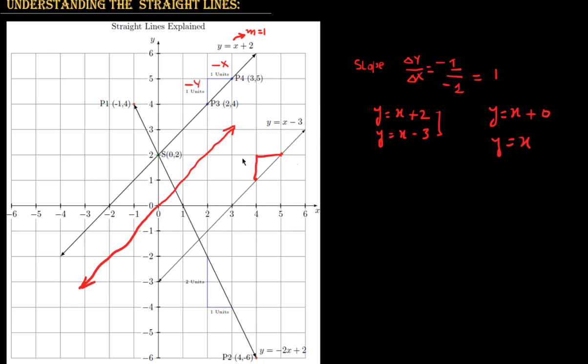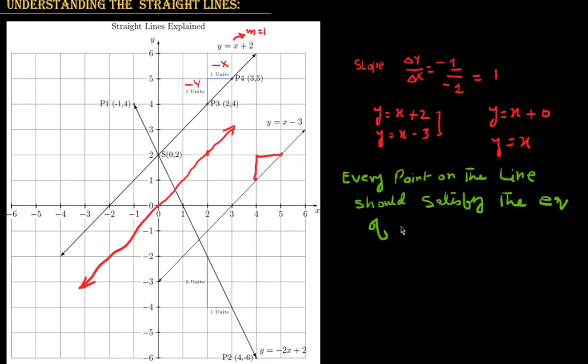Now look at this equation. Every point on the line should satisfy the equation. This is the key point you should always keep in mind. This will help you in solving problems. If a point lies on a line, it should satisfy the equation of the line.